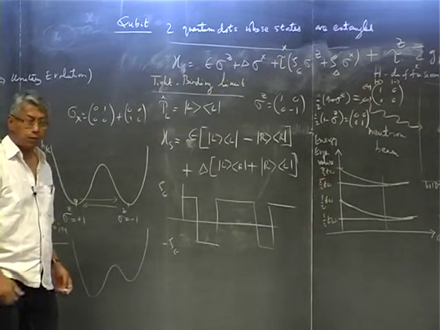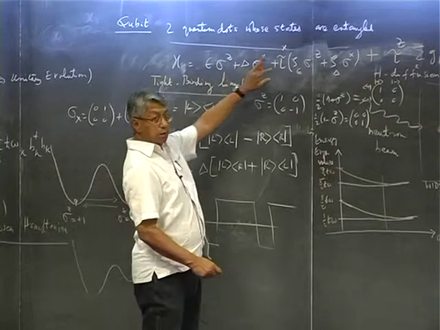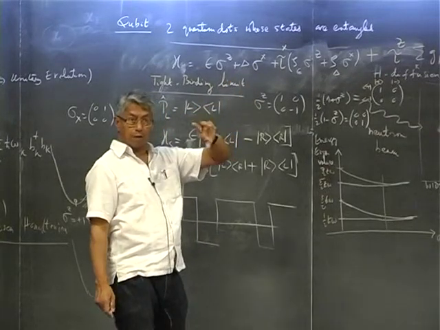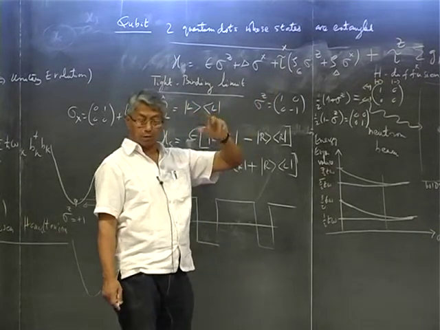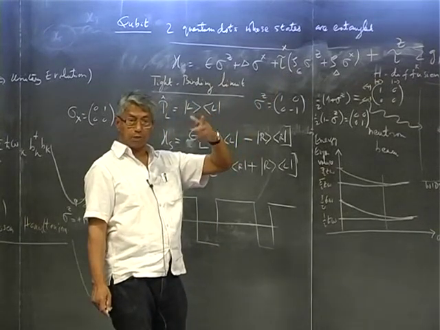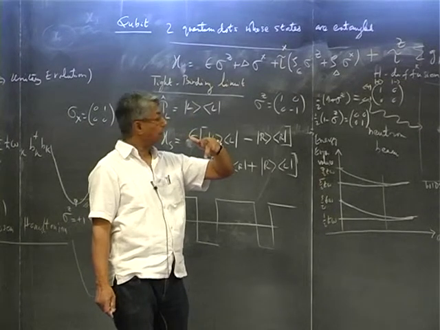Do you follow this? Because as tau x flips from +1 to -1, zeta epsilon times tau x would be taking values +1 and -1.